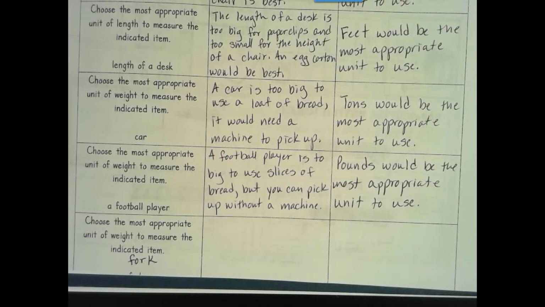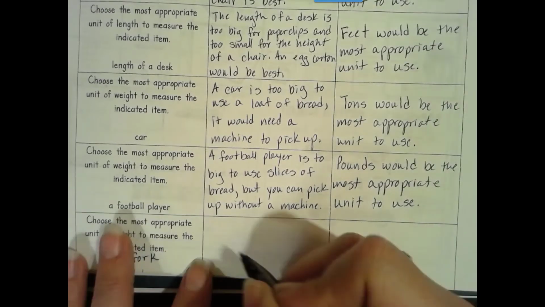Most forks are fairly light, especially if it's made out of plastic, depending on the material. So comparing it to a slice of bread would make more sense than to compare it to a loaf of bread.